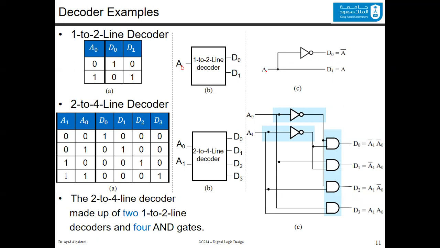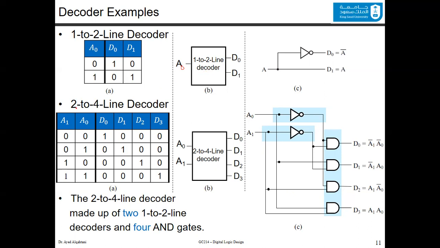Since we have only one variable, D0 is equal to A bar, and D1 is equal to A. In a truth table, D0 will be the inversion of A0, as you can see, and D1 is going to be A. This is the simplest decoder, which is the 1 to 2 line decoder.